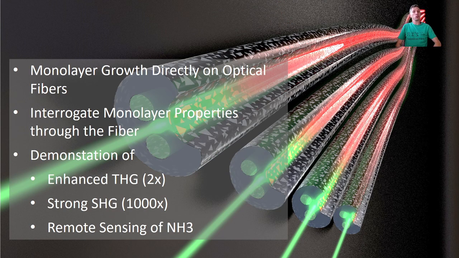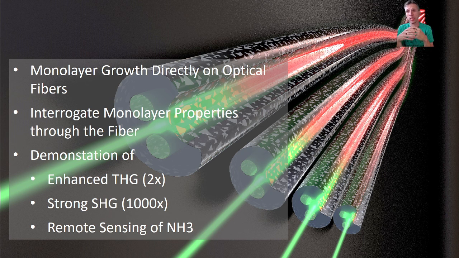So to summarize, what I've tried to convince you of today is that if we grow monolayers directly on optical fibers, then we can use this as a platform for integrated experiments and applications with these 2D materials.